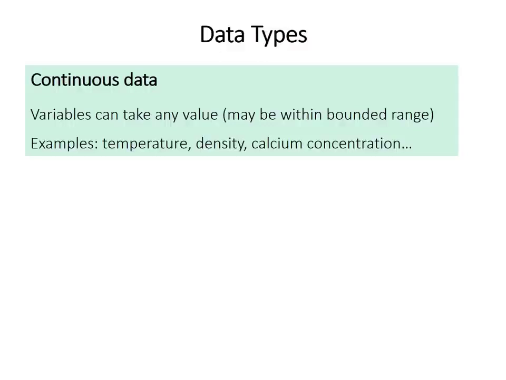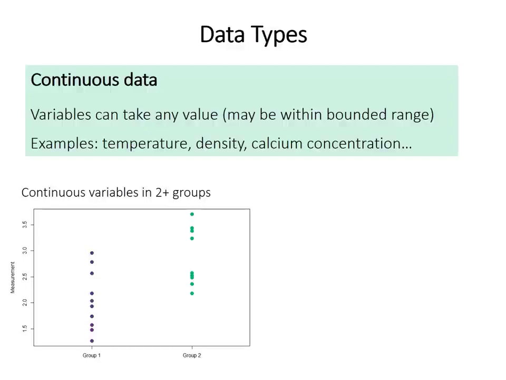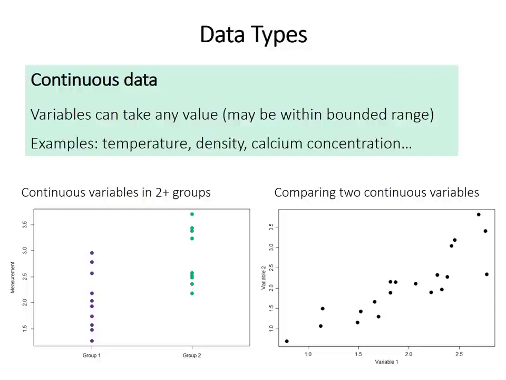So there are tests that are designed to compare continuous variables between two or more groups, as well as tests designed to examine the relationship between two or more continuous variables. So we'll talk about those specific tests in upcoming weeks, but for now, it is important just to understand what continuous data is.